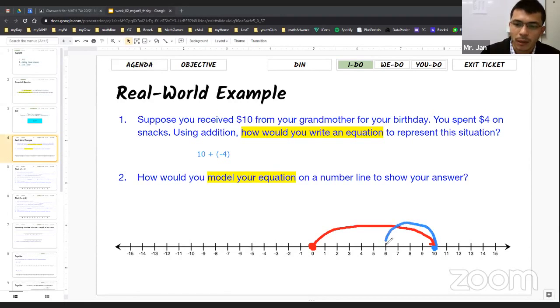So the first step would be right here, right? And like we said, whenever you have a final destination, you need to circle it, and that number will be your result, okay? So this is how you can model using a number line when you have an addition of integers. And then, we can move on.